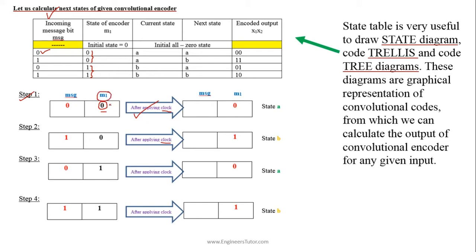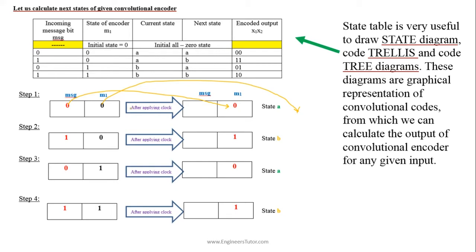After applying the clock pulse, with a right shift by 1 bit, the 0 goes out and is discarded, and the message bit comes to M1.